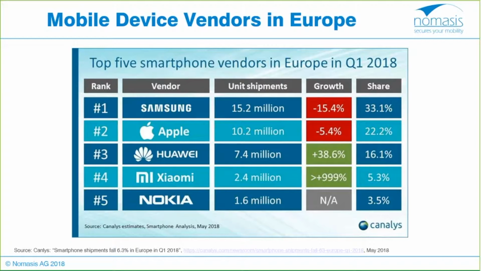That's why we have this incredible growth rate. They're growing so fast it doesn't even make sense to put it into percentage numbers. And another contender that we know from the past, Nokia, they also started branding their own phones again and selling Android devices, and they're also actually coming pretty strong and definitely also a very interesting solution to look at.